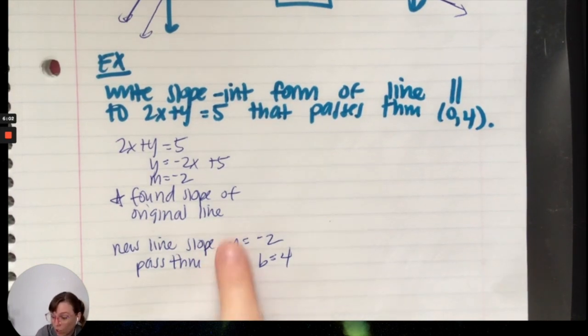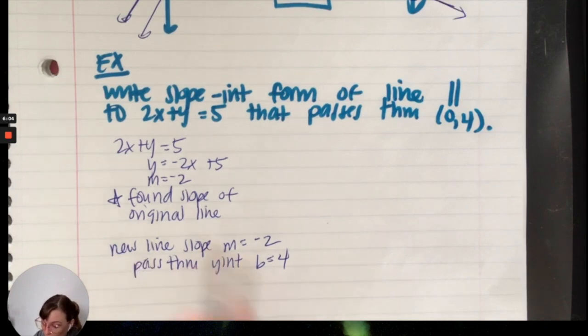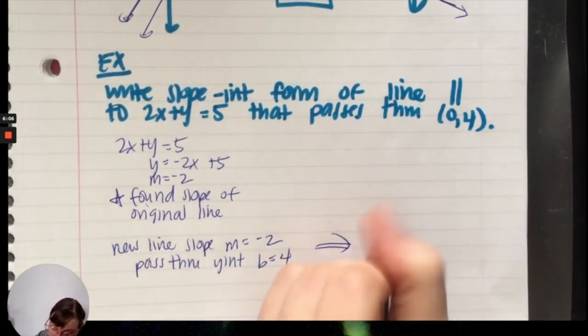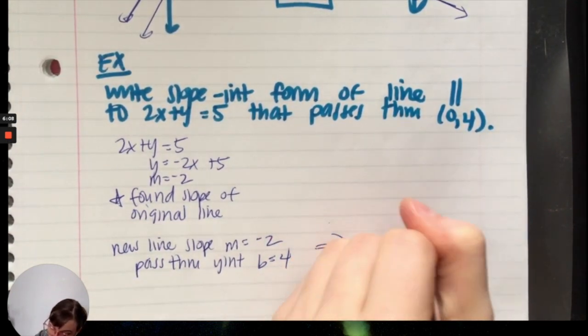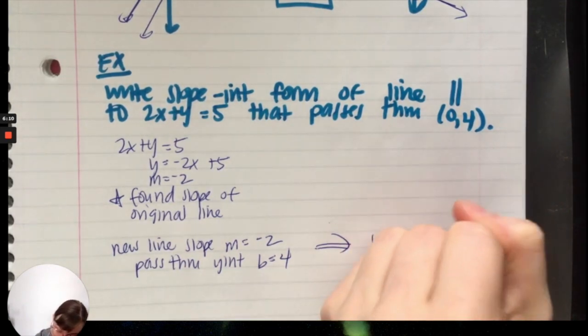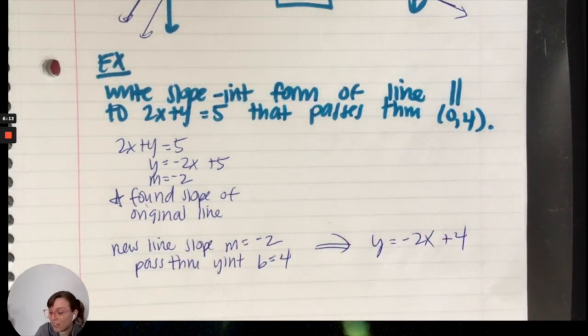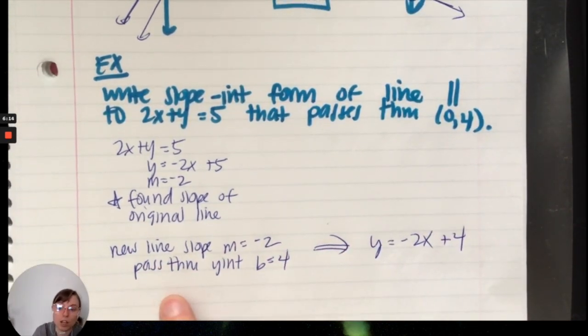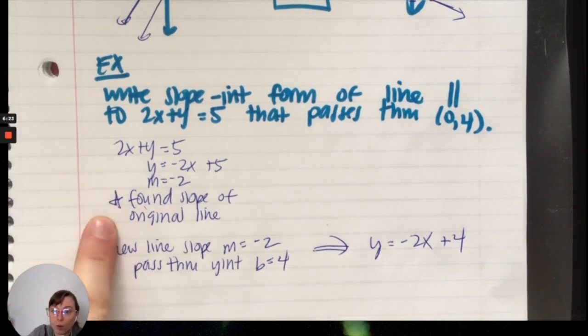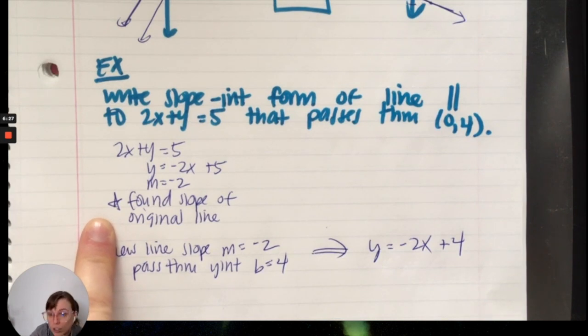So if I know a slope and a y-intercept, I can then write my slope-intercept form. All right? And if they gave you a different coordinate that was not a y-intercept, go back to your writing slope-intercept form notes, and you'll be fine. Okay? But the main trick here was to rearrange the standard form to find the slope that was original, so I know to make it the same slope.